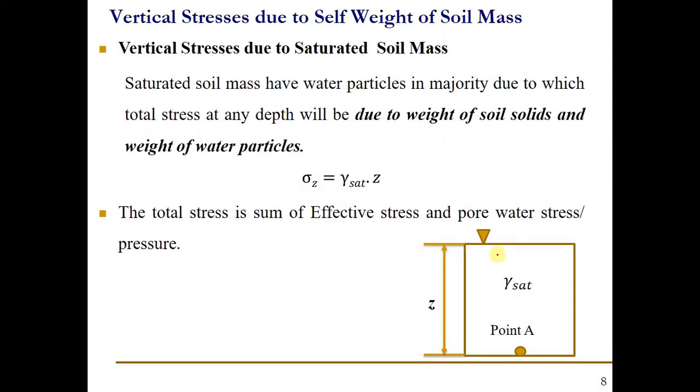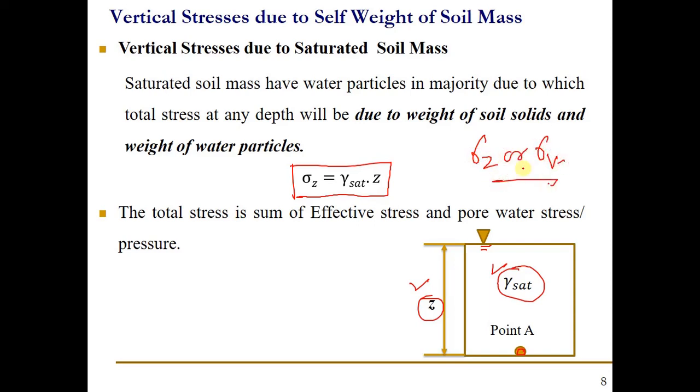Now, if we are dealing with the saturated soil, and this is the saturated unit weight of that particular layer at a depth Z, we will simply multiply the saturated unit weight with the depth of that particular layer to find out the sigma Z or sigma V vertical stress.